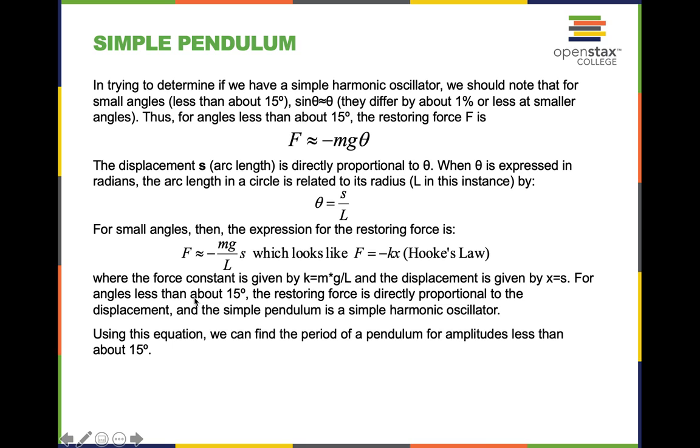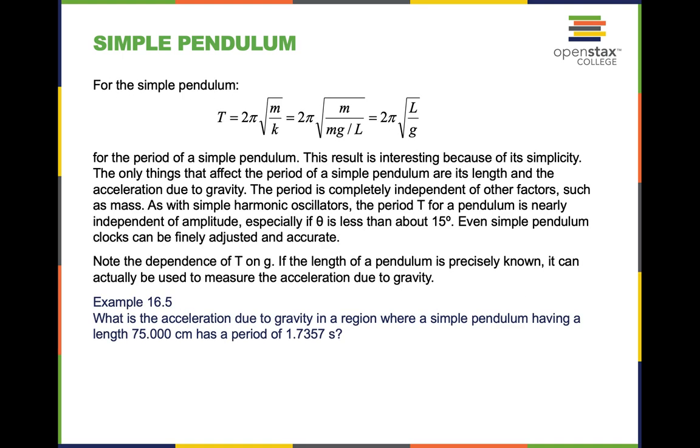For angles less than about 15 degrees, the restoring force is directly proportional to the displacement, and the simple pendulum is a simple harmonic oscillator. Using this equation, we can find the period of a pendulum for amplitudes less than 15 degrees. So for a simple pendulum, we'll have T equals 2 pi square root of m over k, which is the period equation we were given.